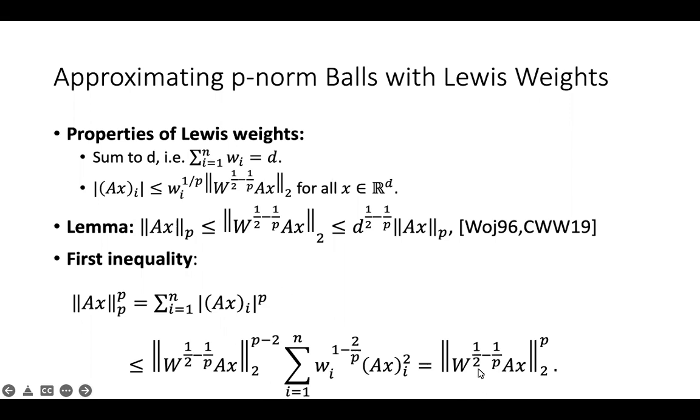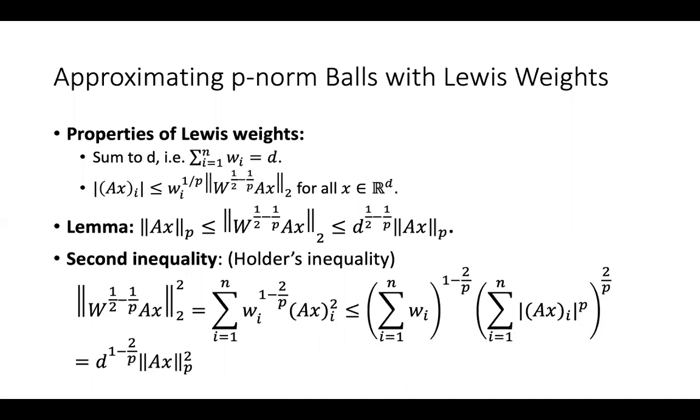Well, the thing in the sum now is once again the L2 norm of W to the 1/2 minus 1/p Ax squared. So combining everything, we get the desired bound, and then you take a pth root of both sides. So that's why the first inequality is true. It is true basically because the Lewis weights give us a bound on how much the ith coordinate can contribute to the total size of Ax.